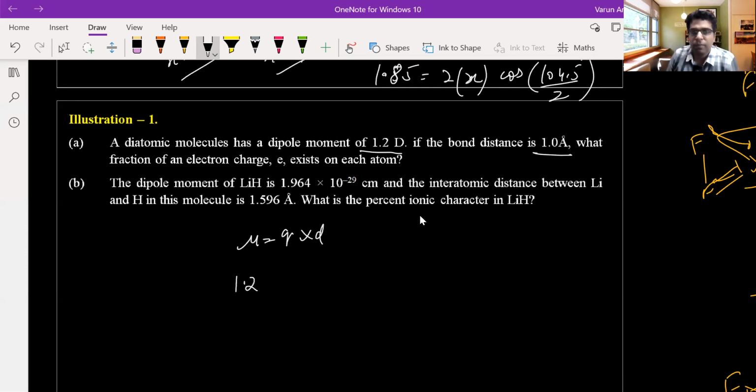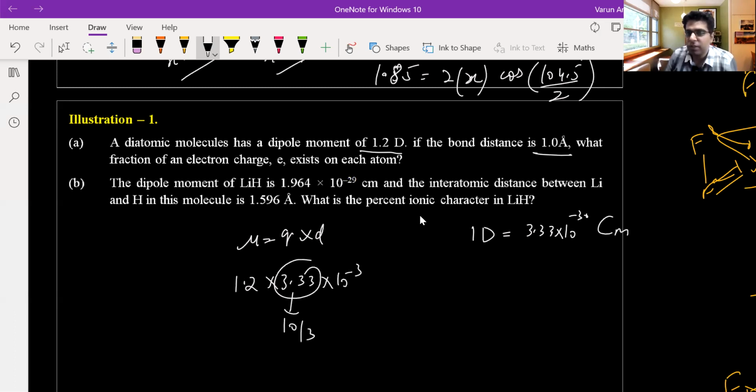1.2 debye. Now I am converting debye into coulomb meter. So 1 debye is 3.33 into 10 to the power minus 30 coulomb meter. So 3.33 you can write as 10 by 3. There is one more conversion: 1 coulomb meter is equal to 3 into 10 to the power 29 debye.